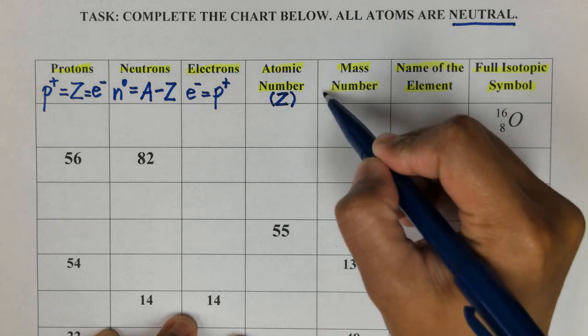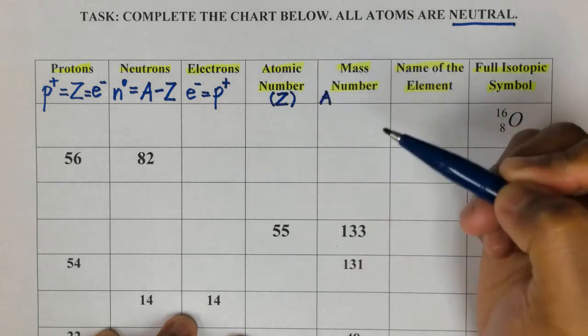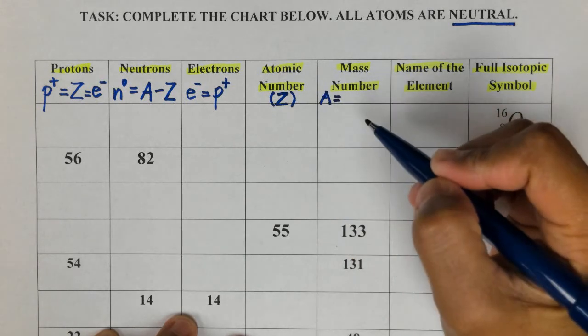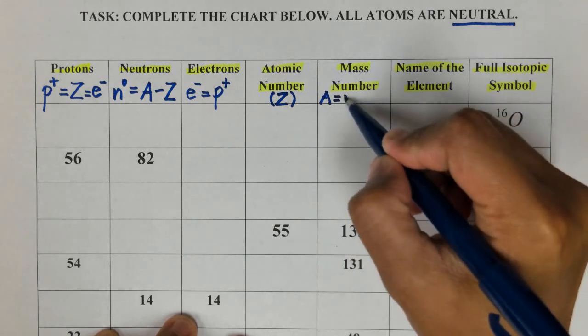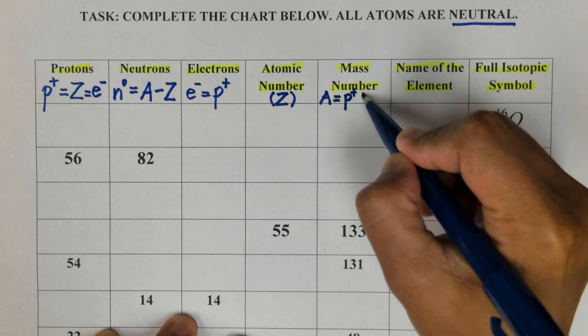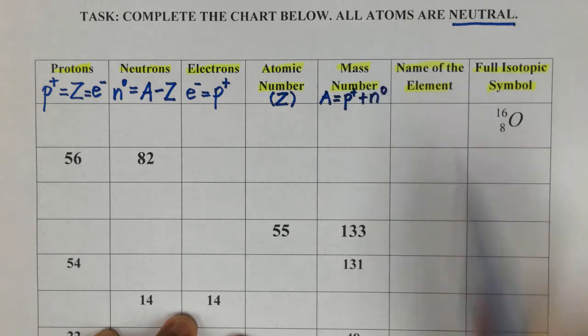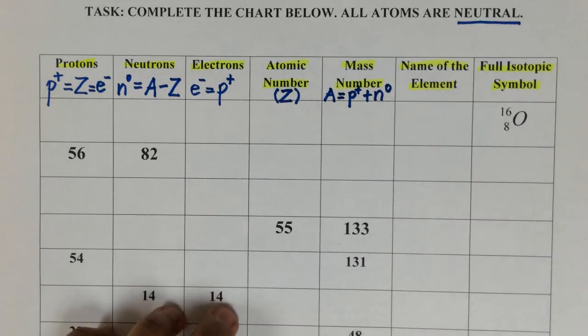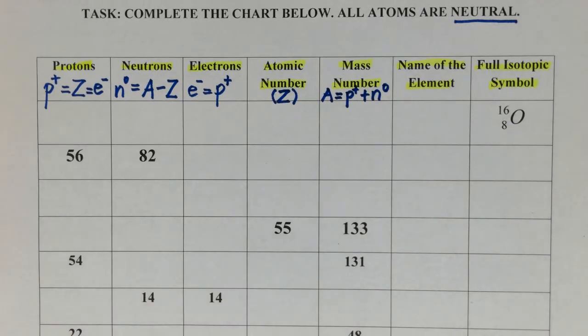Mass number is the A symbol, and as we learned in the previous lesson, A is protons plus neutrons. Then the name and the isotopic symbol, we don't have to label as long as we know what they mean.